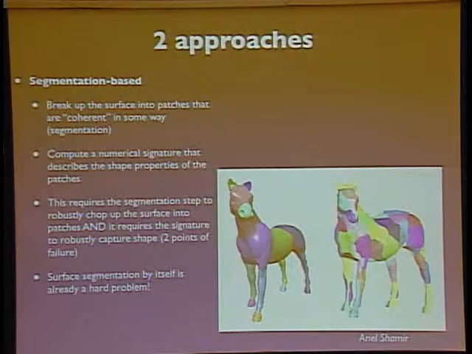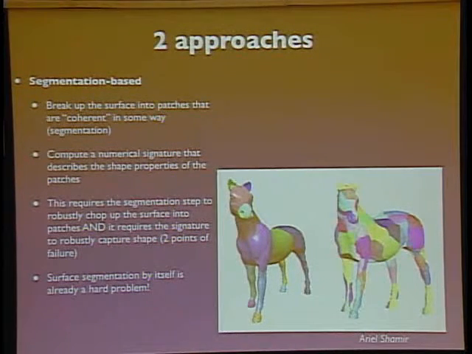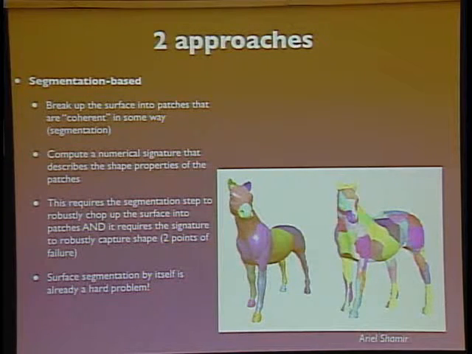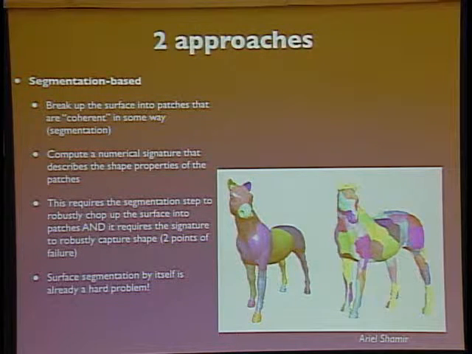So there are two general types of approaches to getting local shape representations for your object of interest. This is kind of your set of recipe slides. Basically, to boil it down, you can either chop the surface up into non-overlapping parts, each of which has its own shape representation, or not.